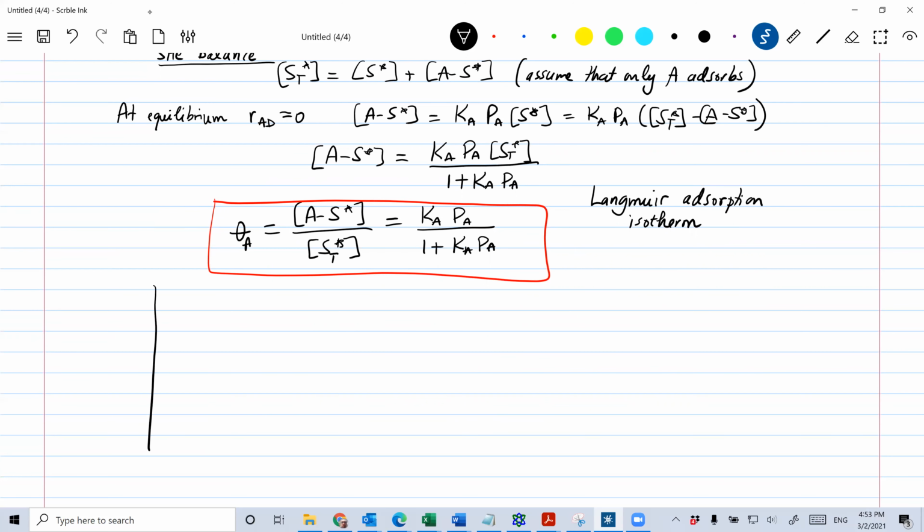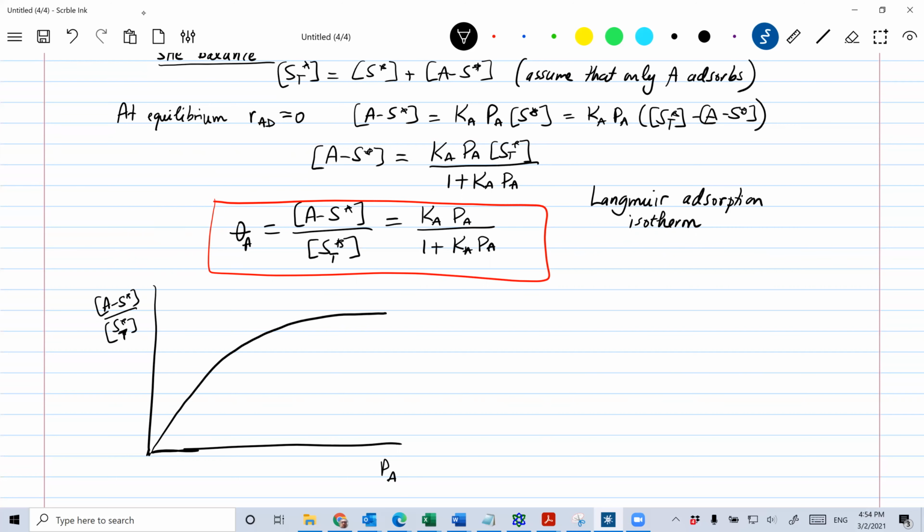And you can plot the Langmuir isotherm as a function of, let's say, partial pressure of A. And this is AS star over ST star. Yeah. And it's going to look, it looks awfully like the Michaelis-Menten, actually. It's going to look like this.